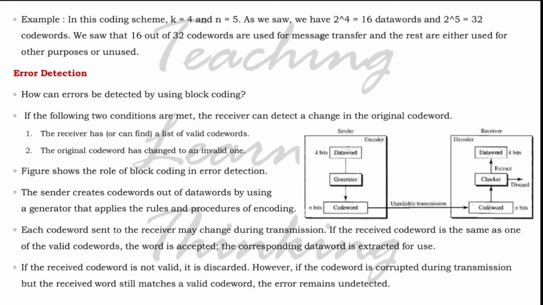The corresponding data word is extracted for use. If the code word received is not valid, it is discarded. However, if the code word is corrupted during transmission but the received word still matches a valid code word, the error remains undetected. So this is the error detection figure and its explanation.